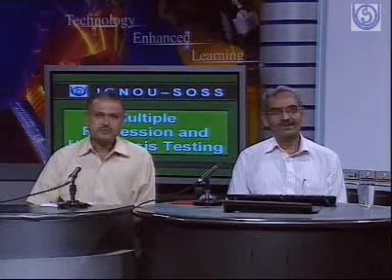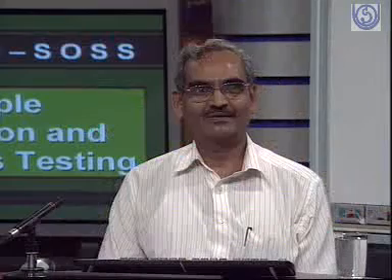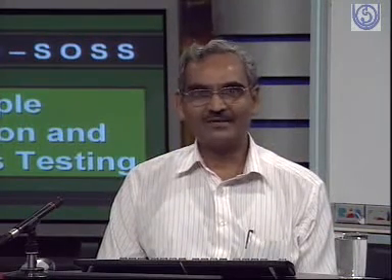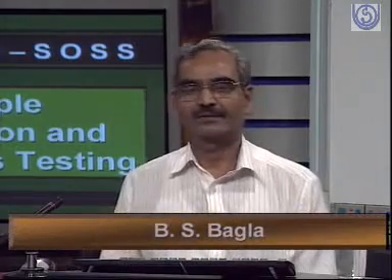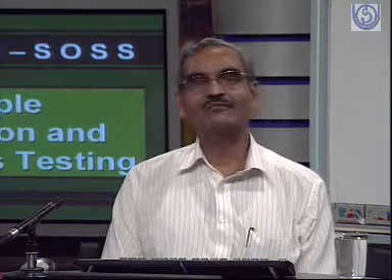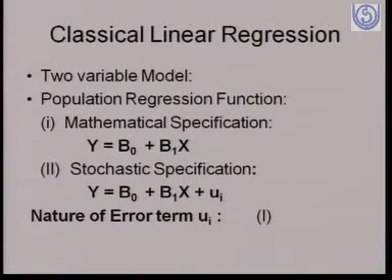Viewers, I would like to refresh your knowledge about regression analysis, the classical linear regression model, first. It is basically a two-variable model. One variable, y, is the dependent variable and the variable x is the independent variable. We have a population regression function with us.